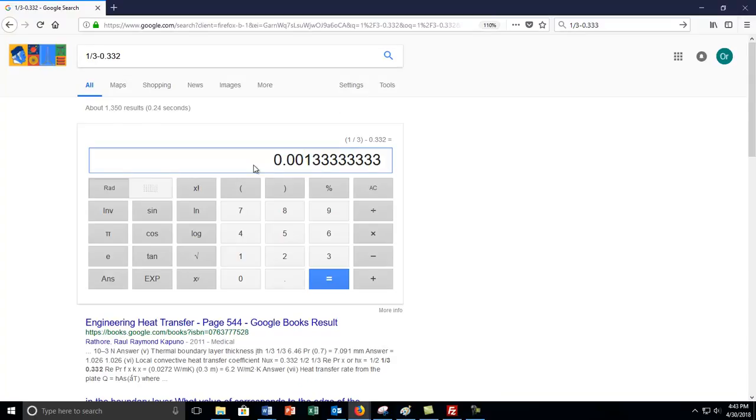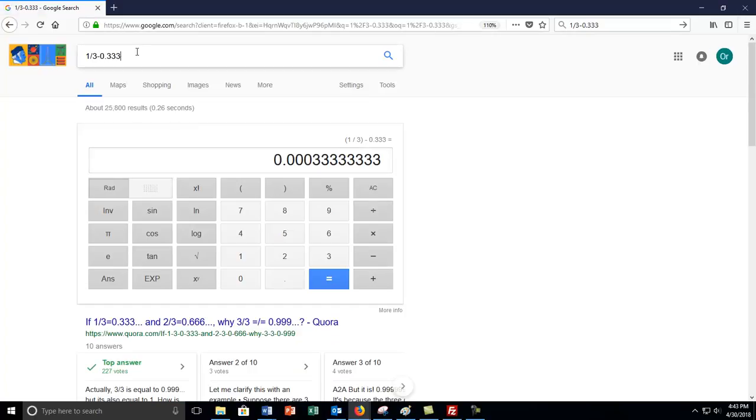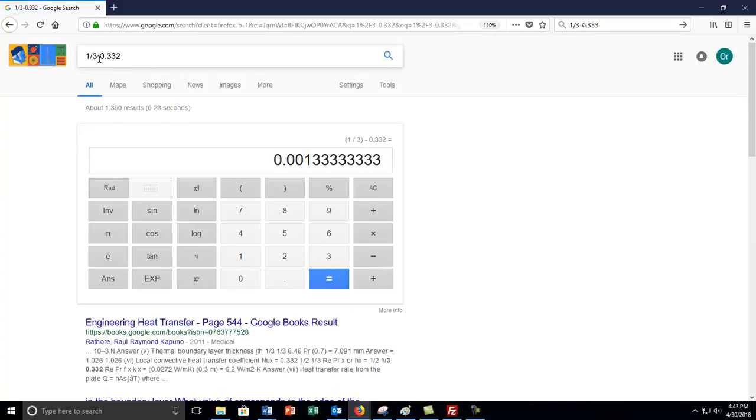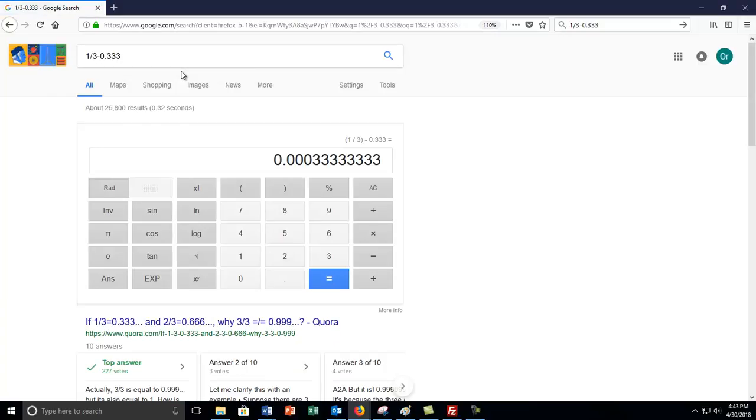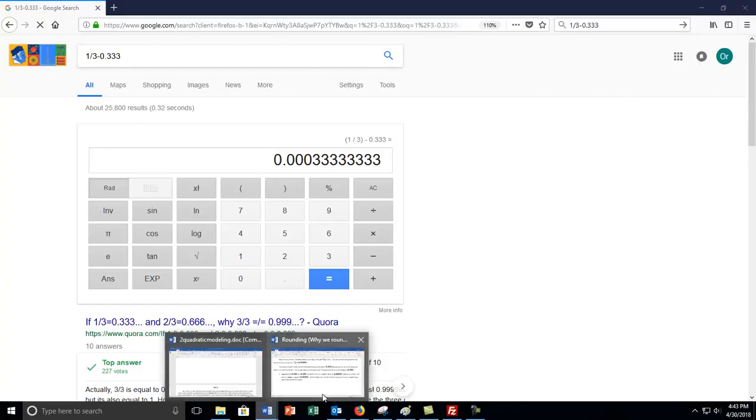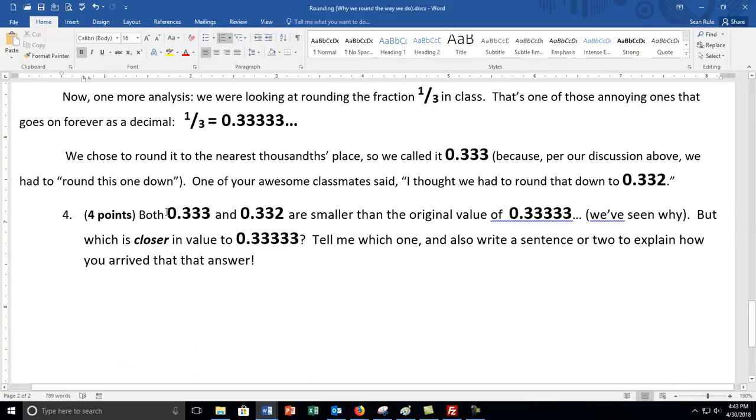That means this number is bigger than this number. That means the difference here is bigger than the difference here, which means that 0.333 is closer to 1/3 than 0.332.